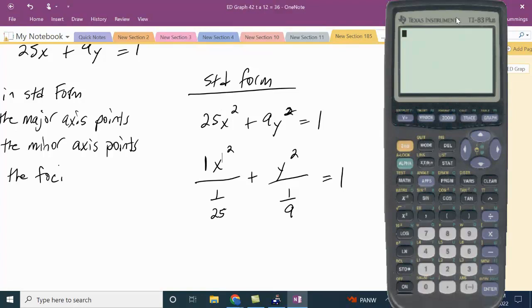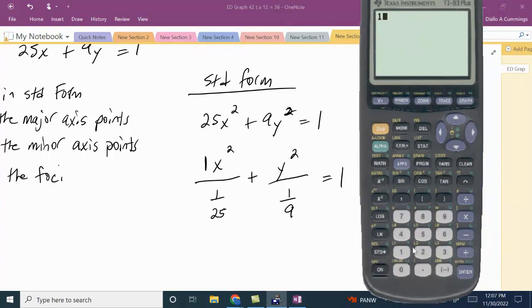In my calculator, 1 divided by, and I'm going to use a set of parentheses, 1 divided by 25 is 25. So this is like a reciprocal trick.